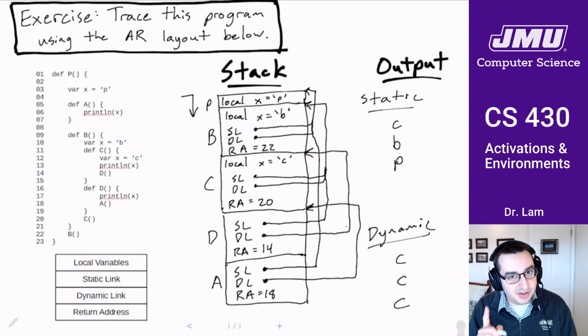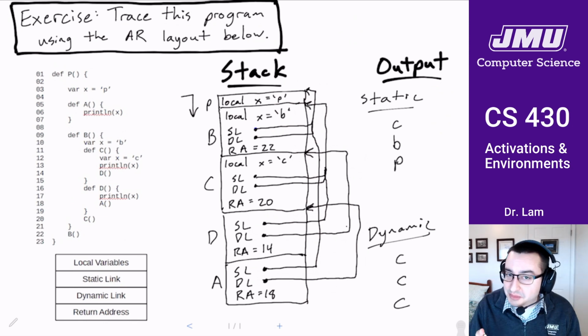As you learn in 261, unless you overwrite the memory, the contents is still there, but if the stack pointer has been moved such that it's no longer on the stack, then accessing that memory would be considered invalid. All right, and that concludes this example.